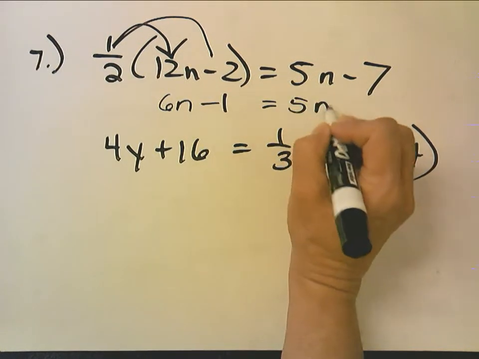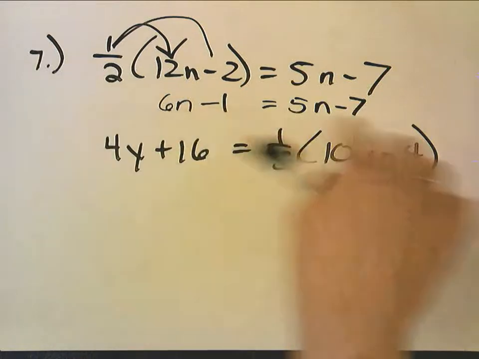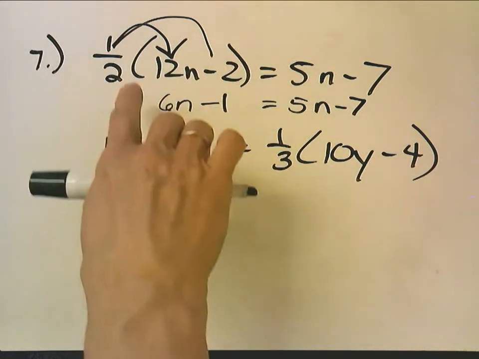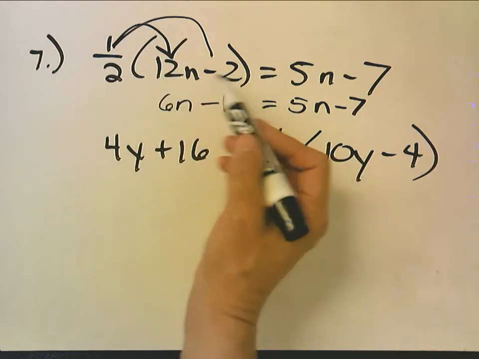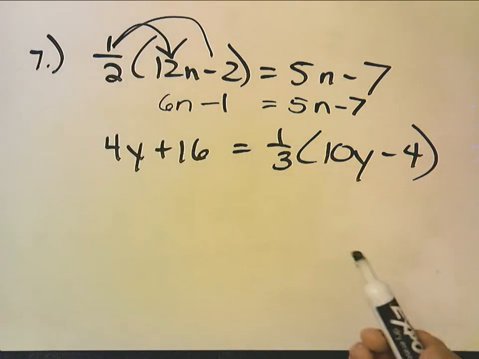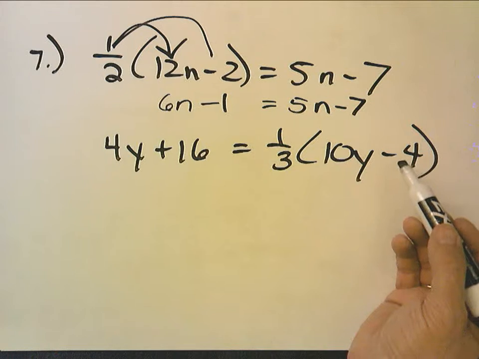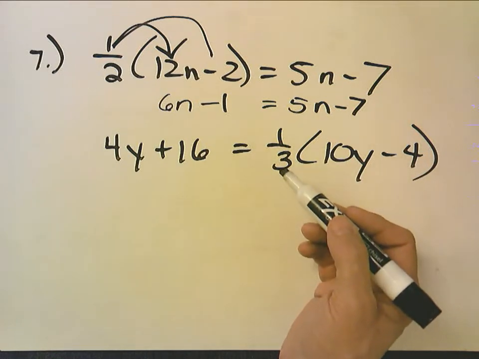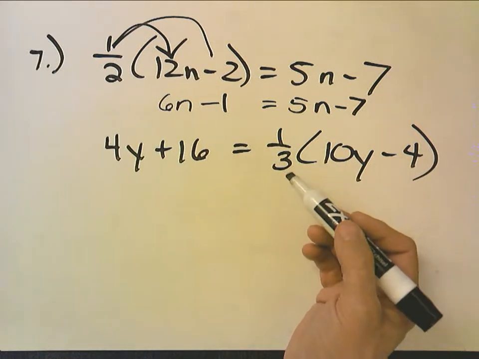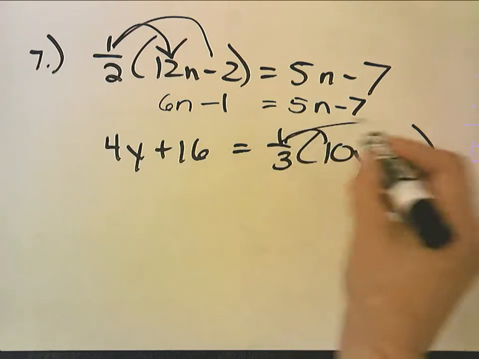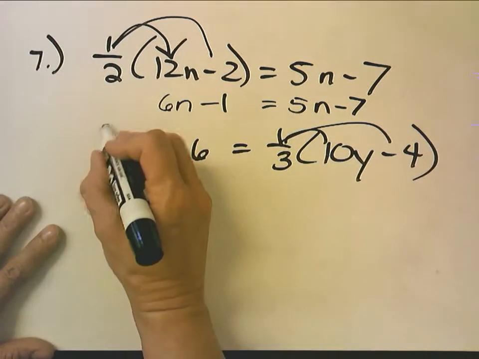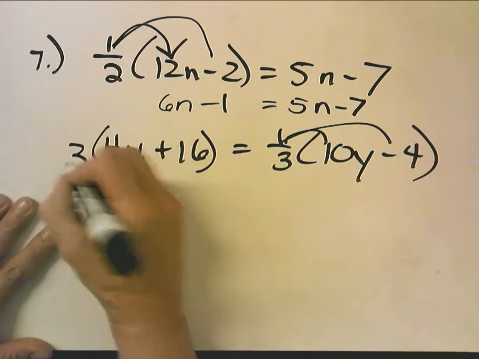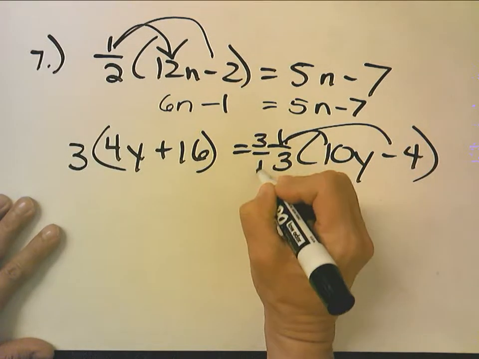And notice in the first case, by distributing, I was clearing it of fractions because both of these are multiples of 2. Now 10 and -4 are not multiples of 3. I will not clear this by distributing. So in this case, what I should do is multiply this side by 3 and this by 3.